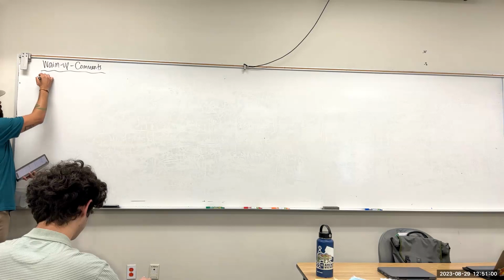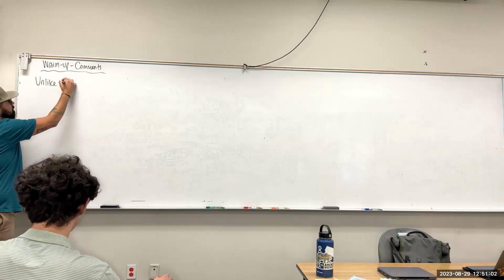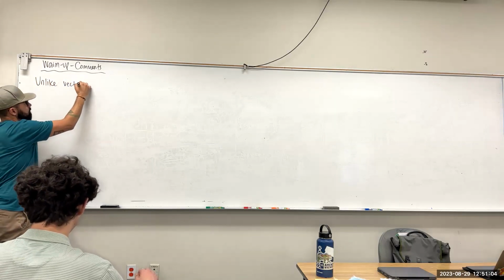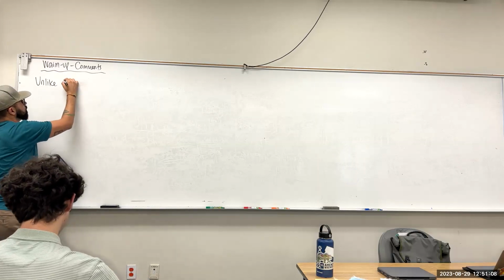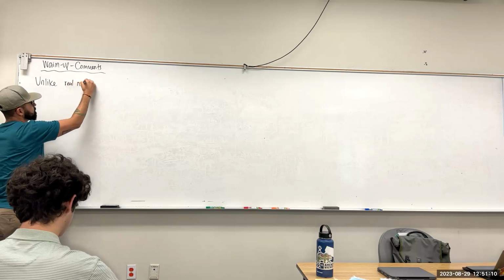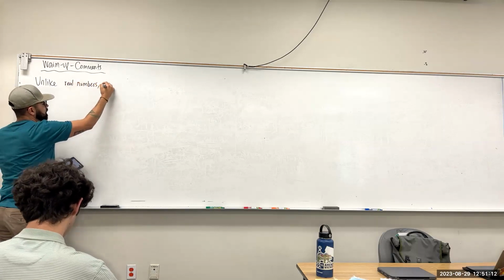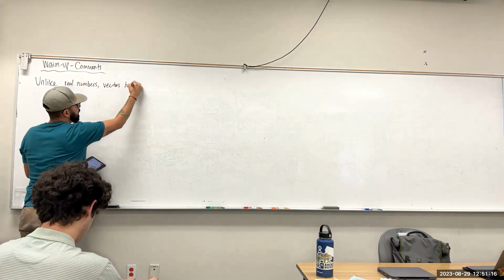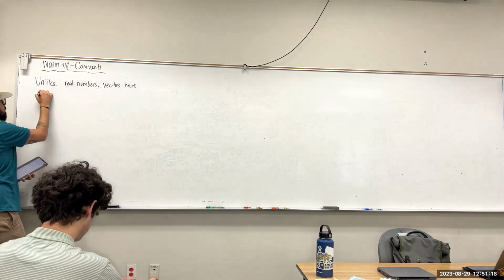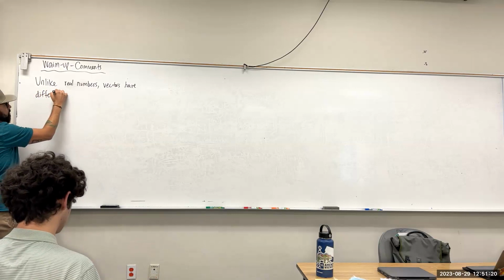So unlike real numbers, vectors have different kinds of multiplication.